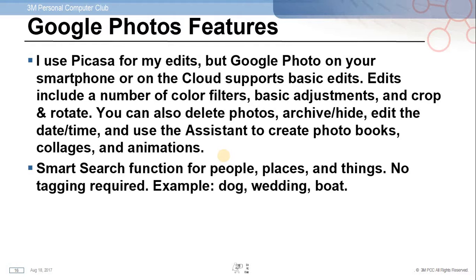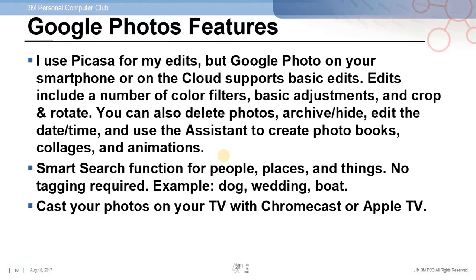You can search for dogs and it'll show you all the photos you have that have a dog in it. A boat, a car, a mustache, glasses. It'll search for anything that you want. You can put in any word or any combination of words to narrow it down.